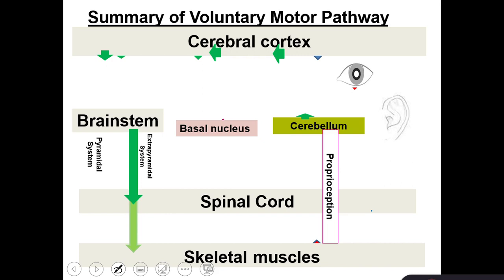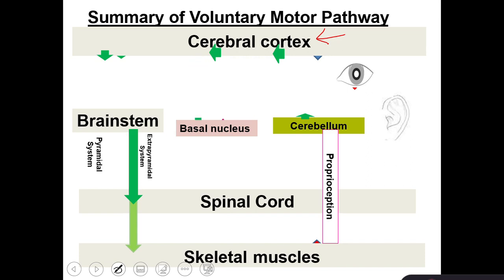Now, let's summarize the voluntary motor control. So at the top, we have the precentral gyrus, which is the primary motor cortex. Here, the signals begin from the precentral gyrus, from the cerebral cortex, from the upper motor neuron. A copy of that goes to the basal nucleus.